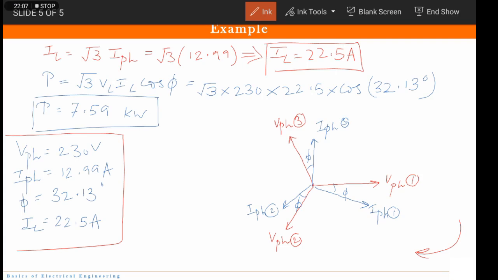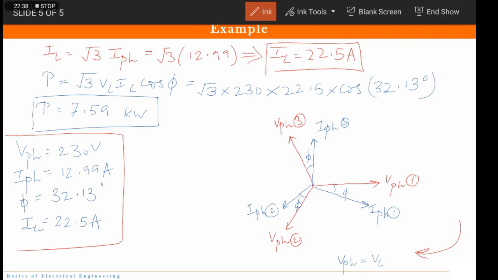The next point is line voltage. Now, what is line voltage in delta connection? It is same as phase voltage. So if I wish to draw line voltage, then I have to overlap the phase voltage. So I will write that in delta connection, phase voltage is same as line voltage. Okay. Next is line current.